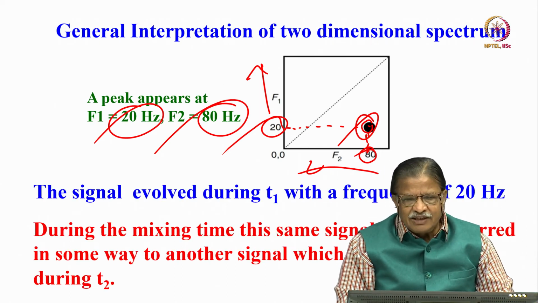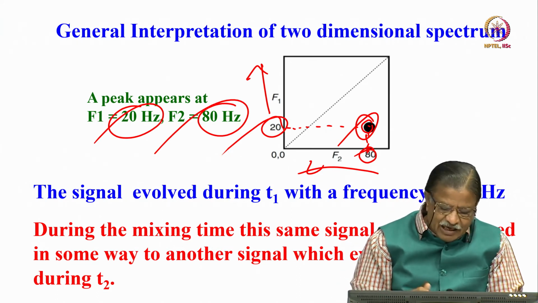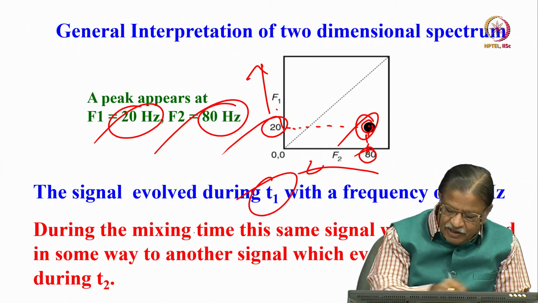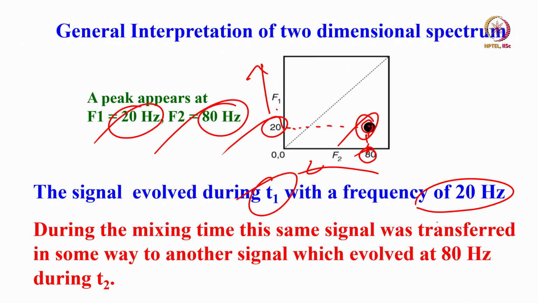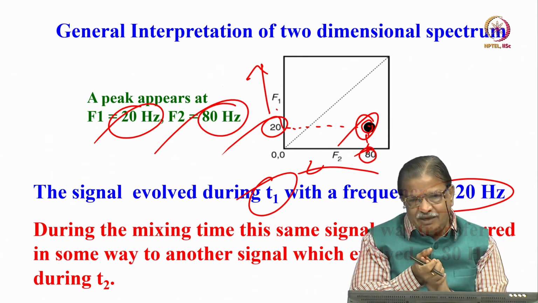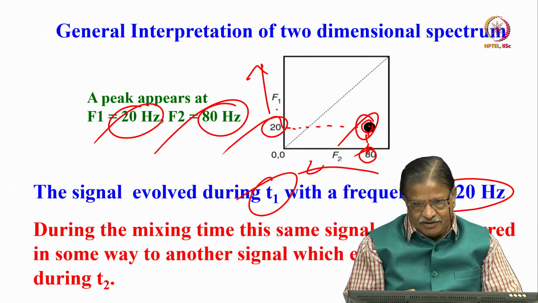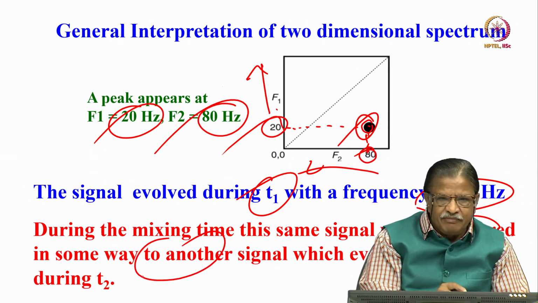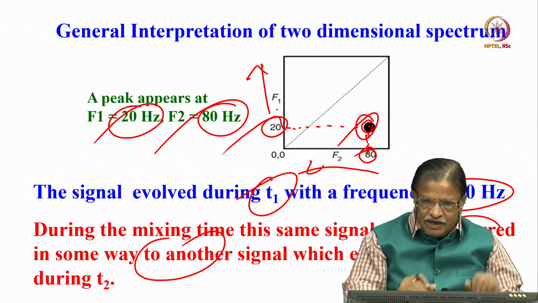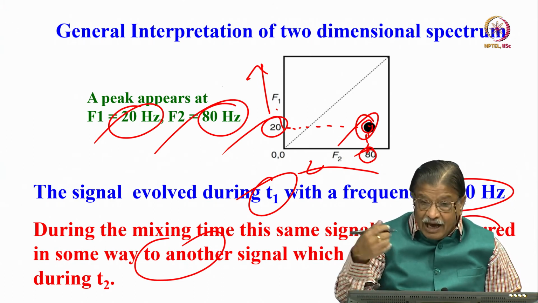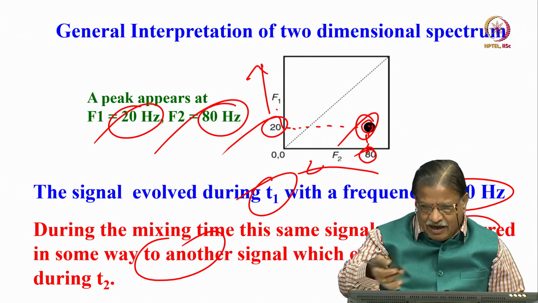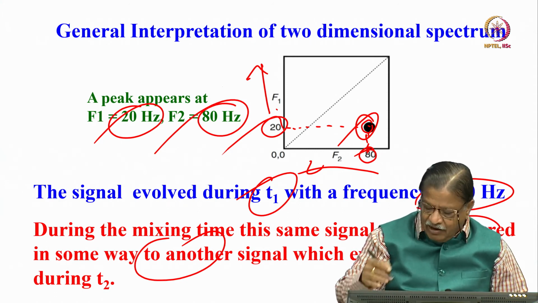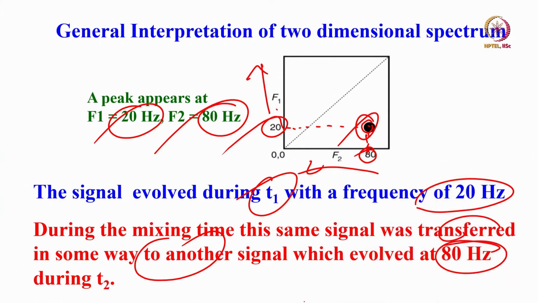Okay. So the signal you understand is one that evolved during the T1 period with a frequency of 80 hertz. During the mixing period something happened: the signal was transferred by some polarization transfer method to another spin, which itself evolved at 80 hertz during T2.